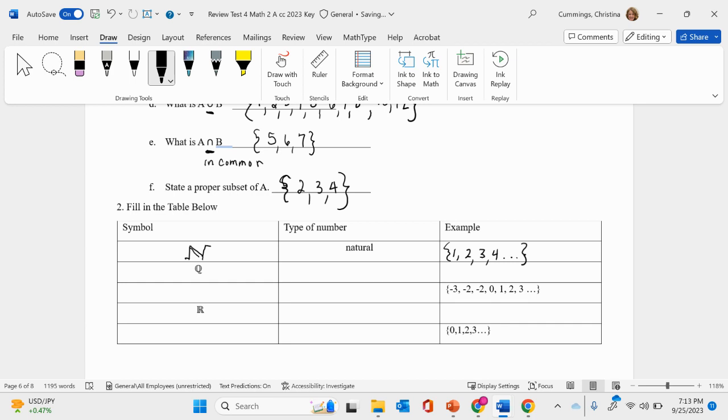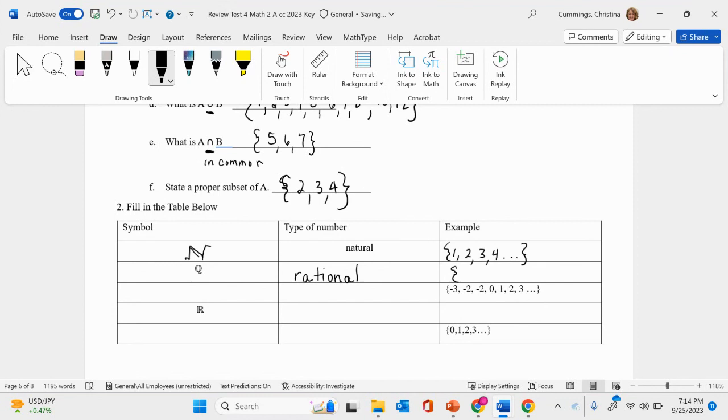Q are the rational numbers, numbers that can be written as a ratio, as a fraction, as long as when that fraction is divided, the decimal cannot be infinite. So the decimal has to result in a finite number of digits or it's got to be repeating.